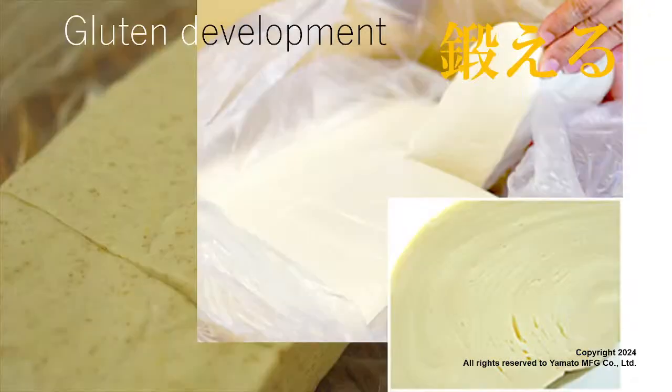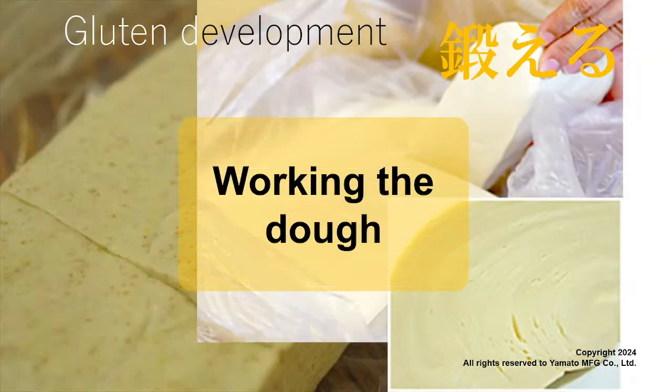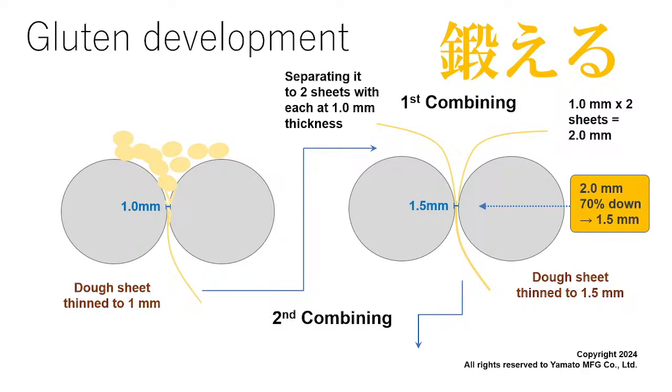The next process is working the dough, basically like building your muscle in workouts. How we do that with a ramen machine is to feed this dough in and turn the chunks of dough into sheets of dough. Then you separate them and combine them through a roller. That's how we work the dough.